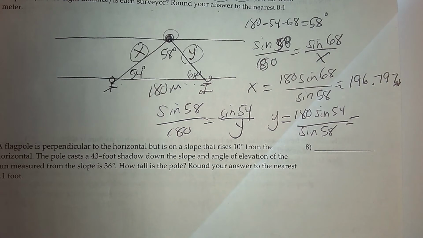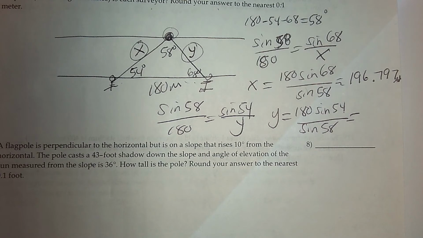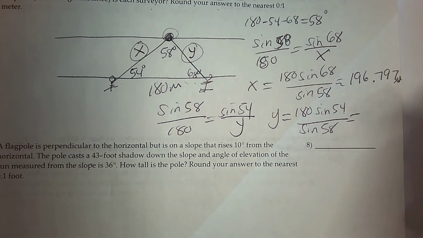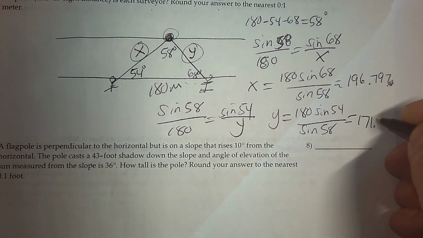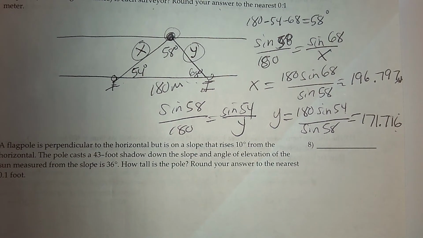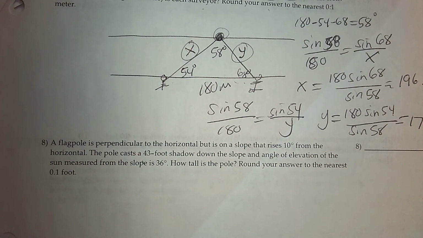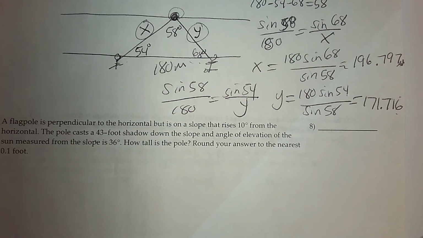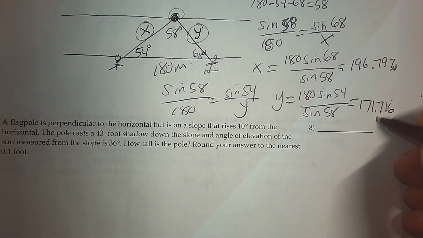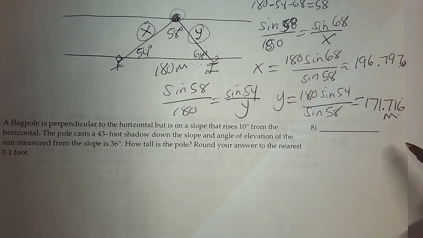You just change 68 to, no, I mean 68 to 54. And so surveyor Y is 171.716 meters away from the point. All right, read number 8.